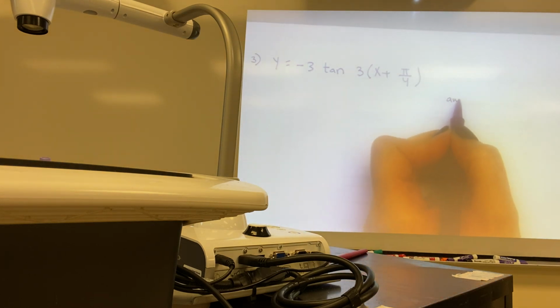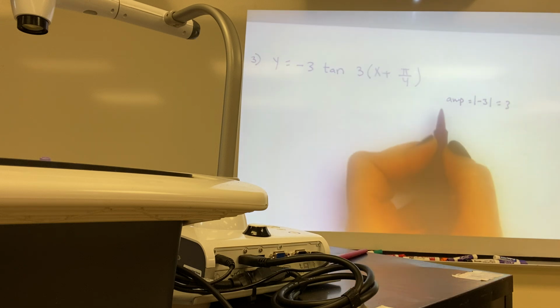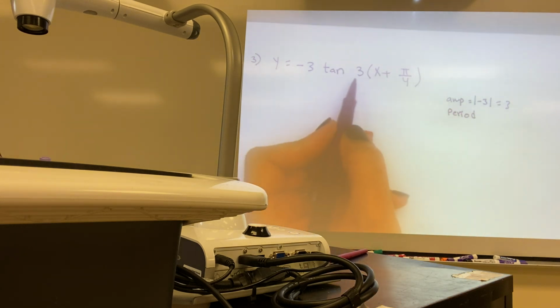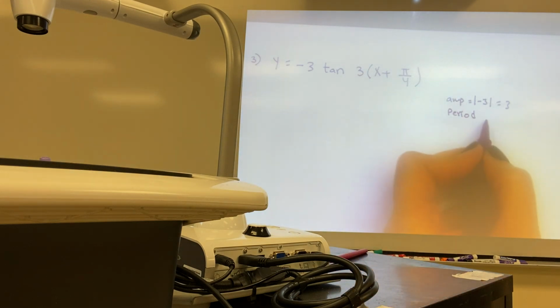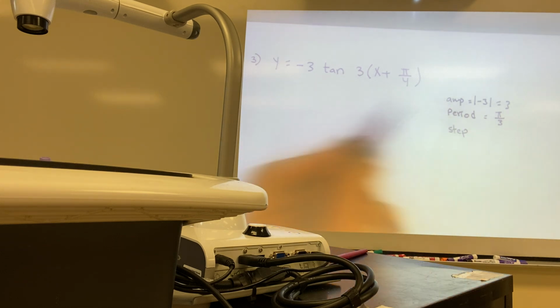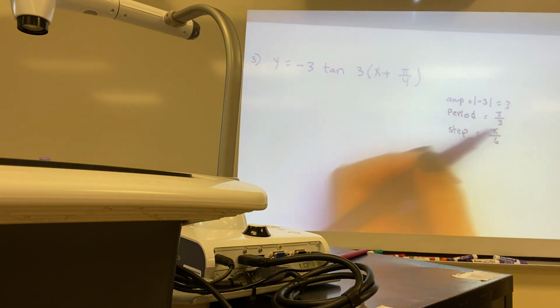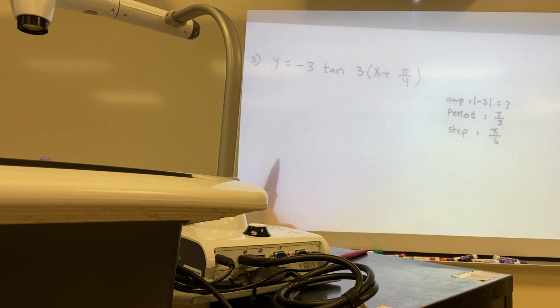The amplitude is the absolute value of negative 3, and that is 3. Period, pi divided by 3. Step is the period divided by 2, so that will be pi over 6, right? It's like pi over 3 divided by 2.